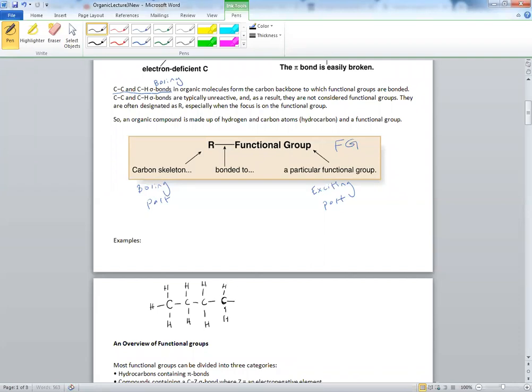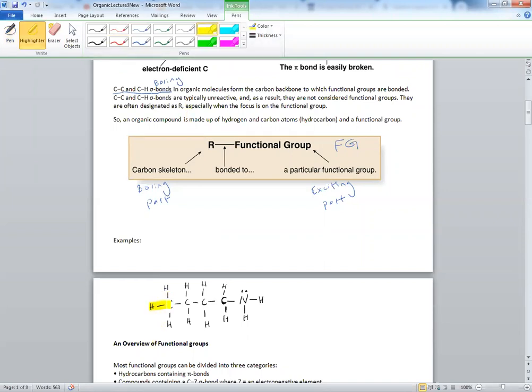So where is our carbon skeleton, or sometimes I learned it as the carbon backbone?